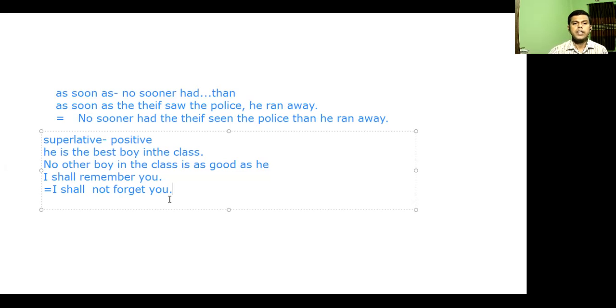If there is "always" in an affirmative sentence, then we will replace this "always" with "never".